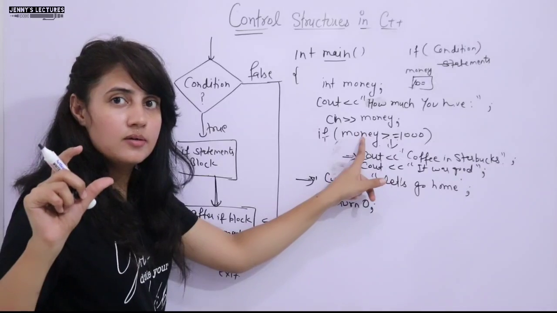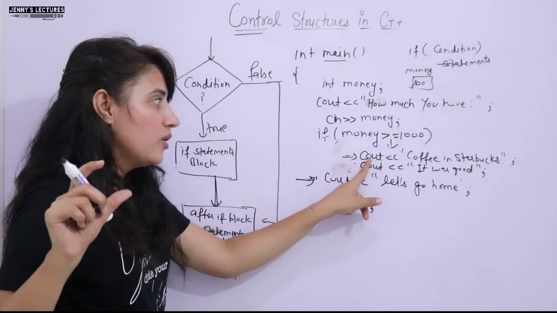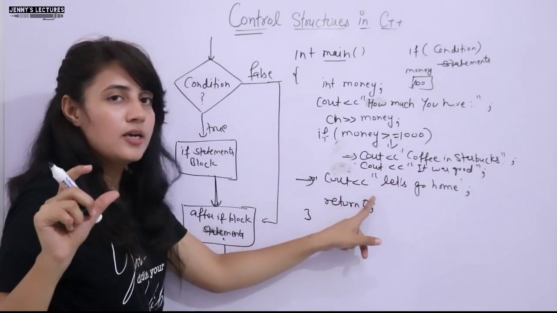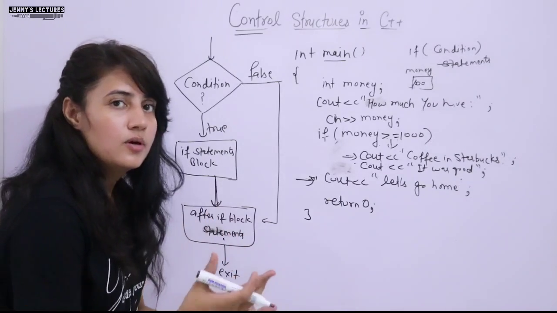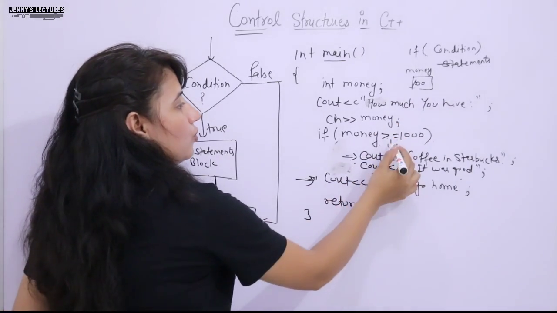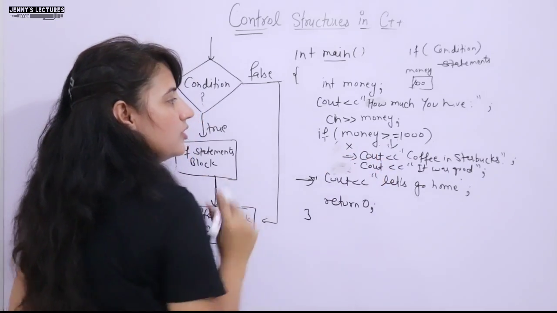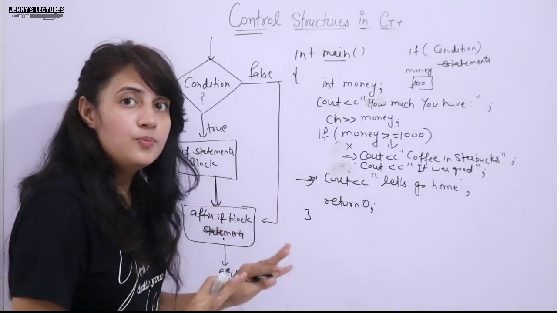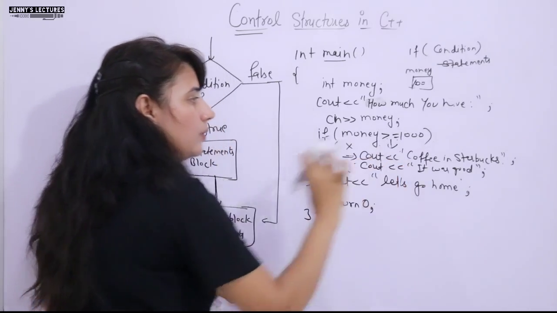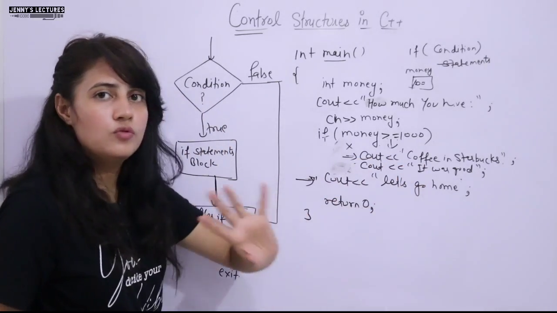After that one statement, whatever statements follow, 1, 2, 3, 4, would be considered part of the code after the if block. That is why, since the condition is not true, control will not enter this if block, so Coffee in Starbucks would not be printed. These two statements are now part of the code after the if, so It was good, let's go home would be printed.